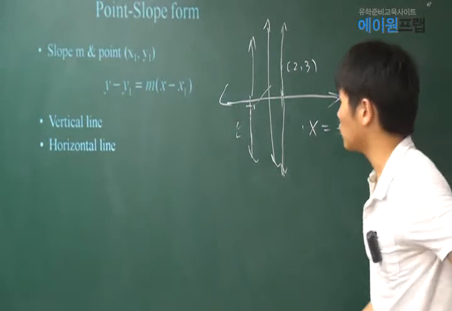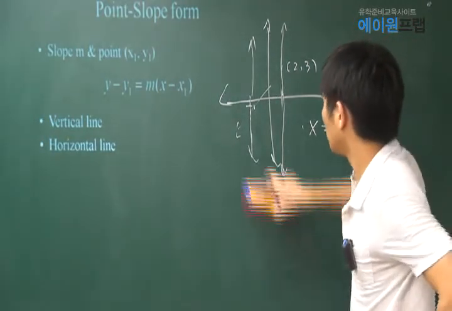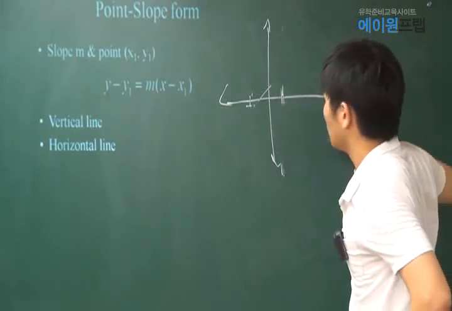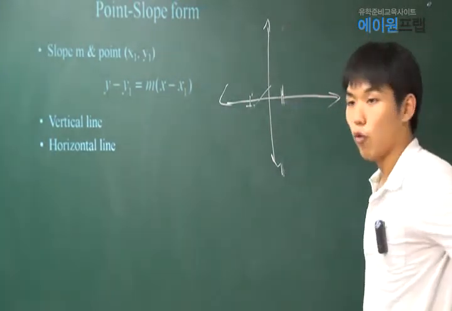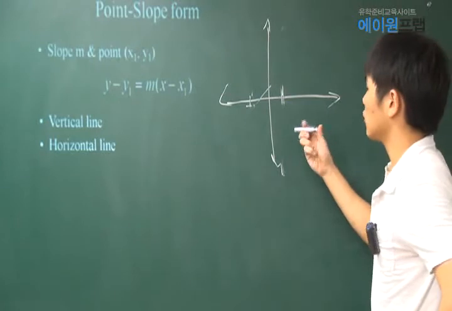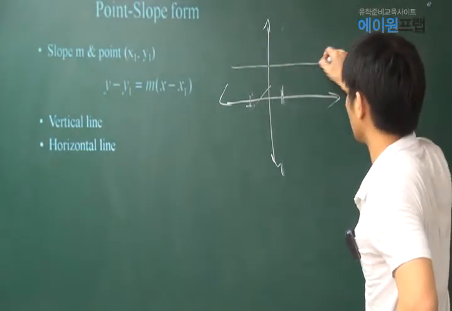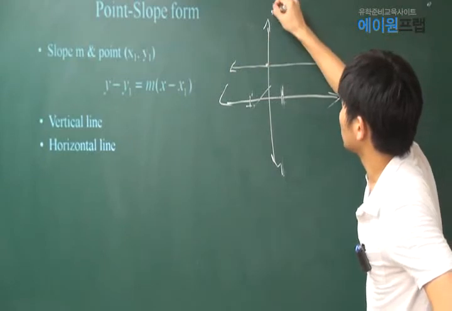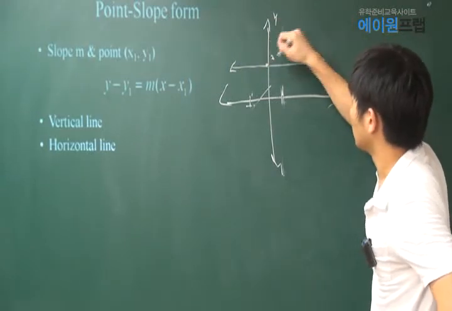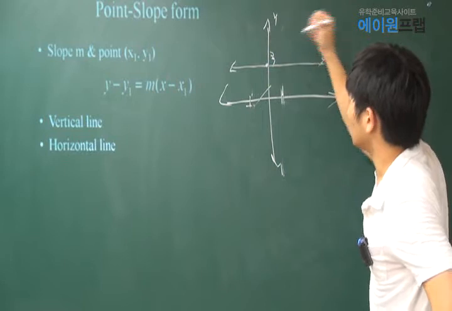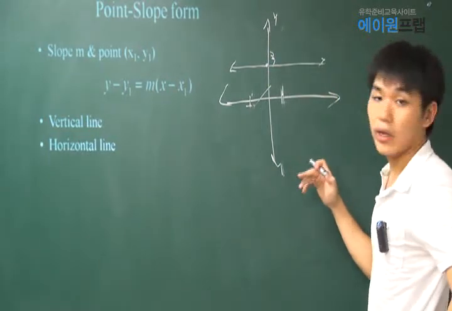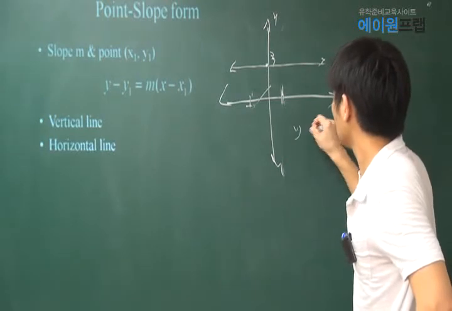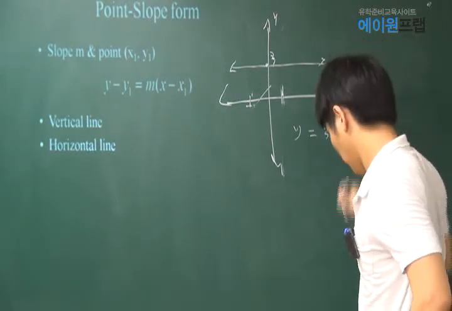Okay, now let's talk about the horizontal line. So the horizontal line has a slope of what? Has a slope of 0. So I'm going to draw a horizontal line with slope 0 and call this y-coordinate 3. Okay, so if the y-coordinate is 3, we can write this as y equals 3.